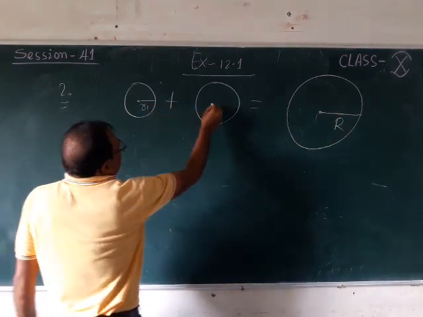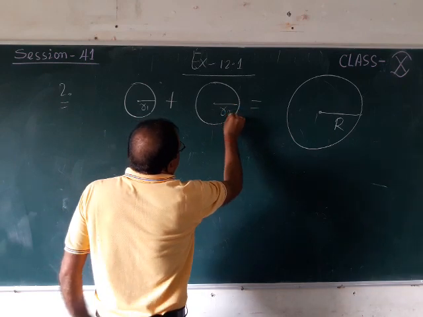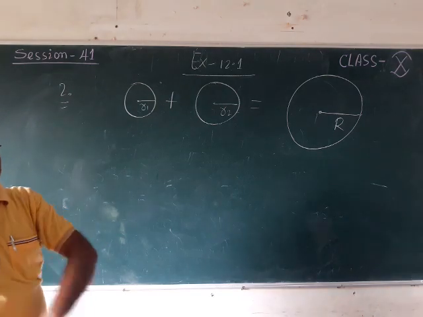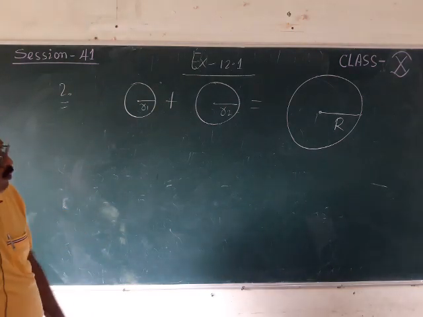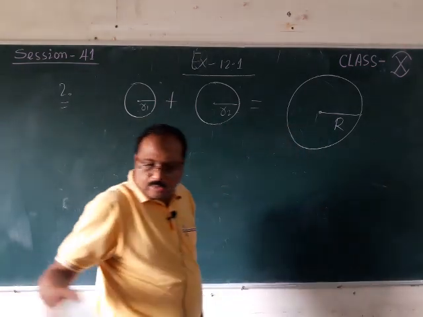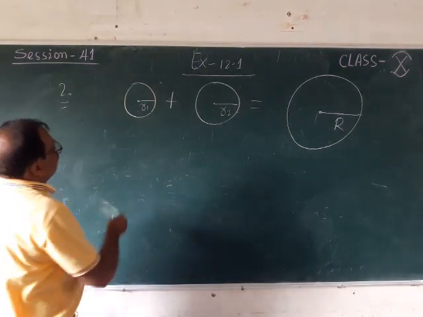Here radius 1, this is your radius number 2, then radius number 3. The difference is that in the first question circumference was there, and here in question number 2 the area is there. So let us see how to do this question.